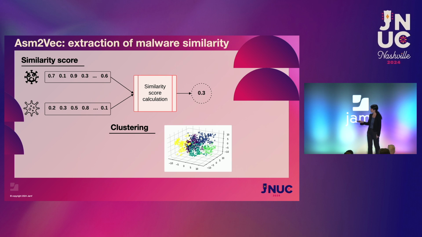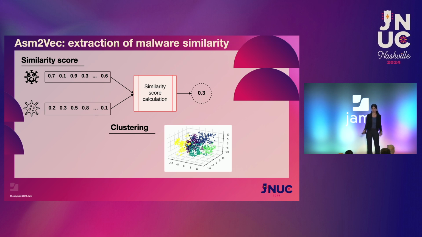There are several available functions to calculate the similarity score. Here we have 2 examples of tensor representations of 2 different malware files that result in a single numerical value, and that's the similarity score.